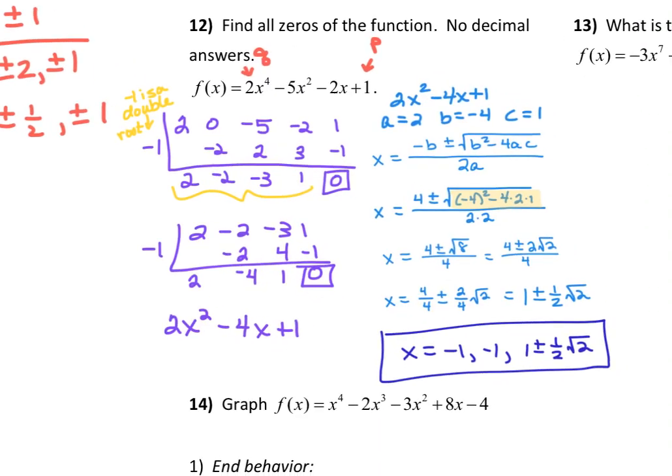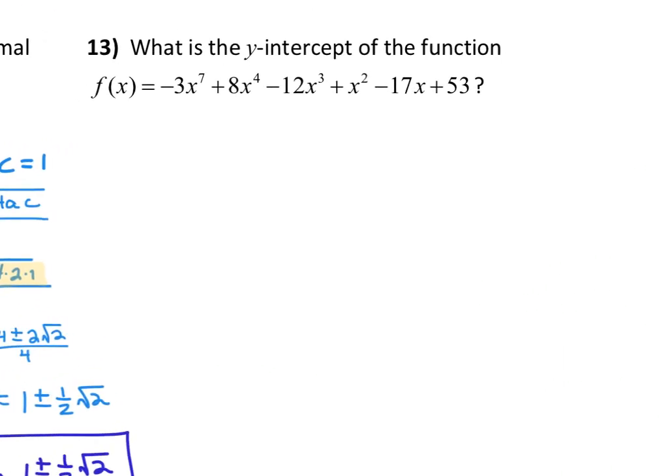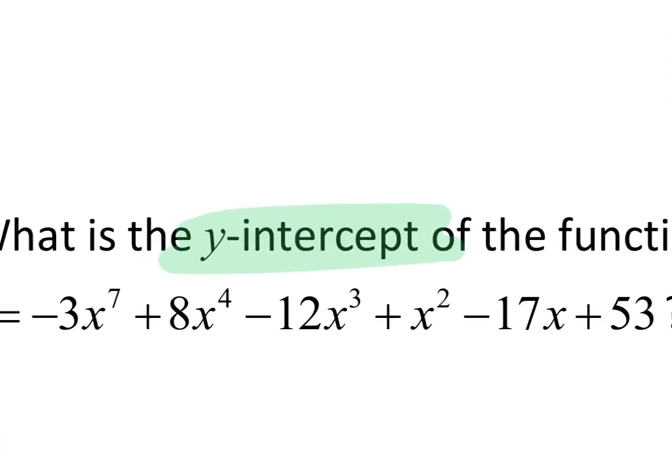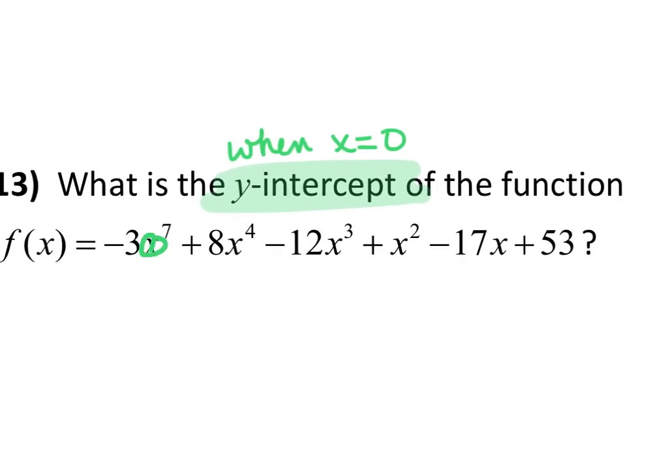In number 13, I gave you about a bazillion times more space than you need to do this problem, because the y-intercept happens when, let's just write this, when x equals 0. So I'm going to take a 0, 0, 0, 0, 0.